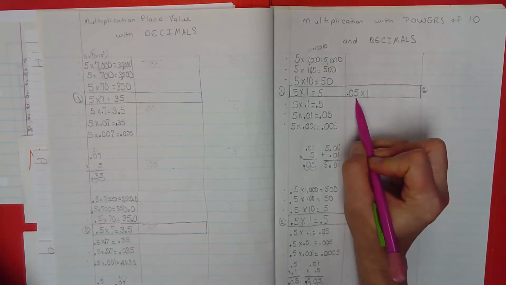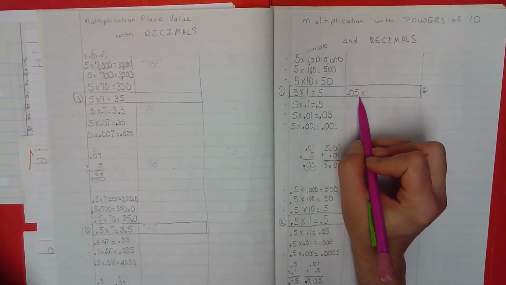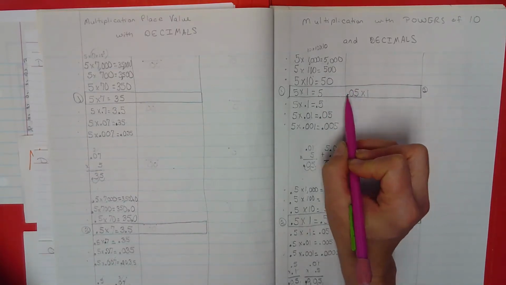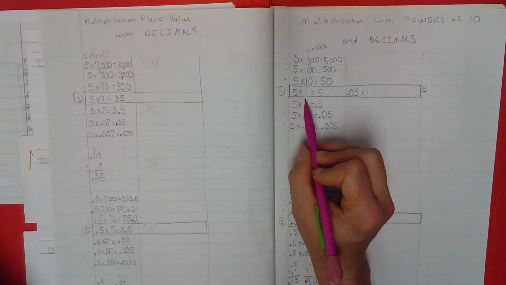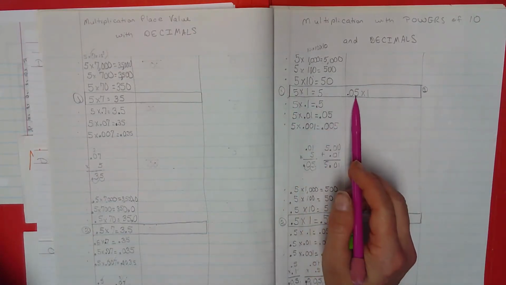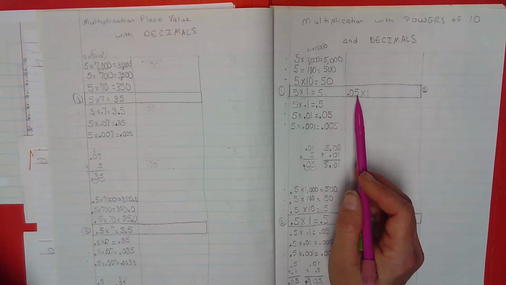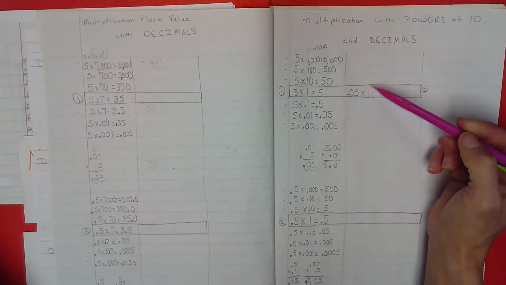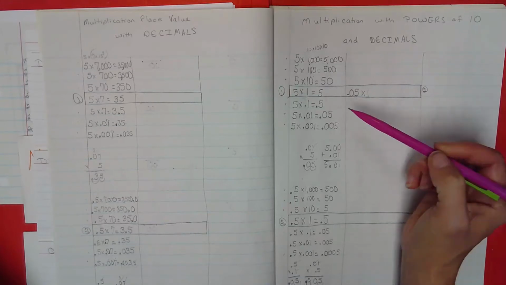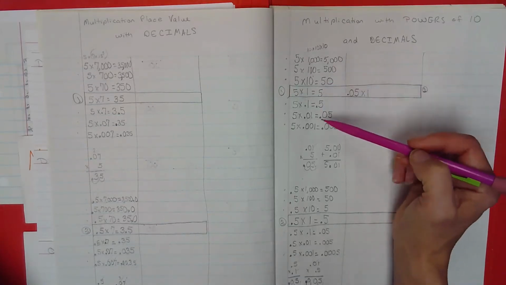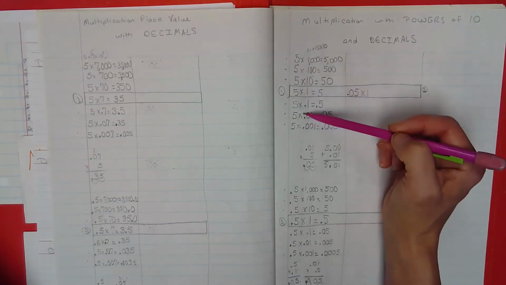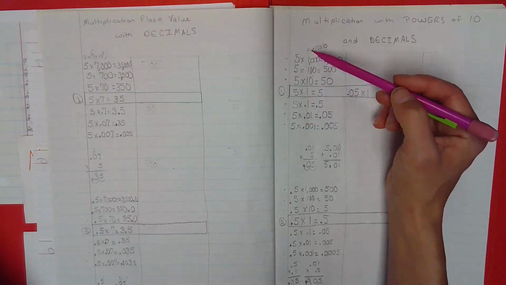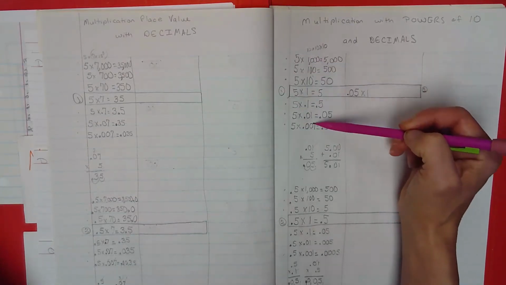Do you think these answers will be larger or smaller than these answers? If we are only taking 5/100 of these numbers, will our answers turn out to be larger or smaller than when we took 5 whole amounts of these numbers?